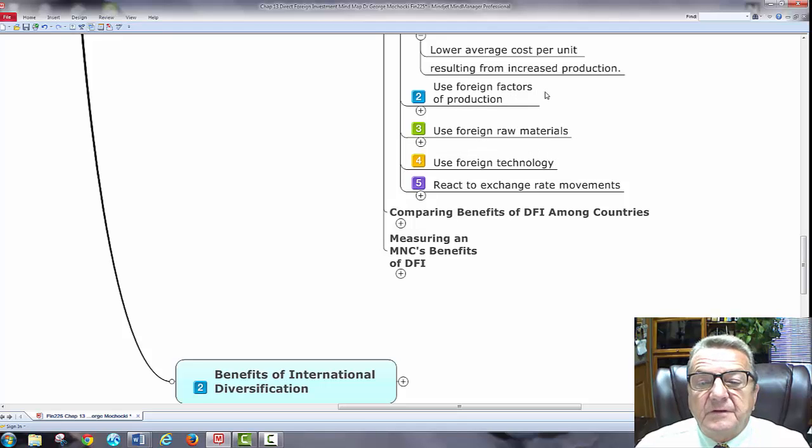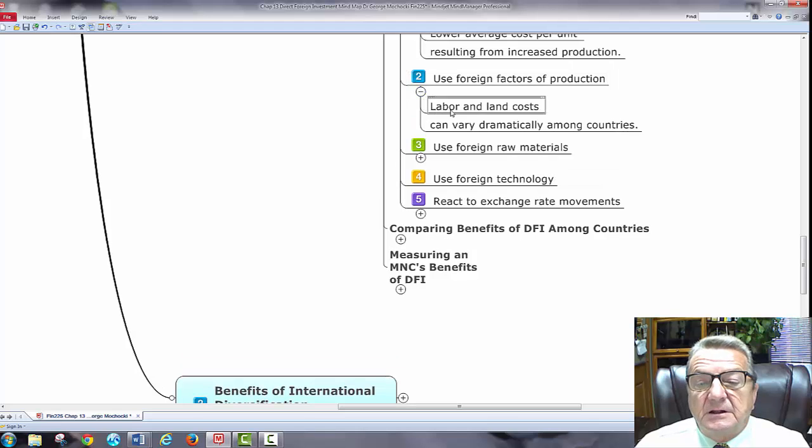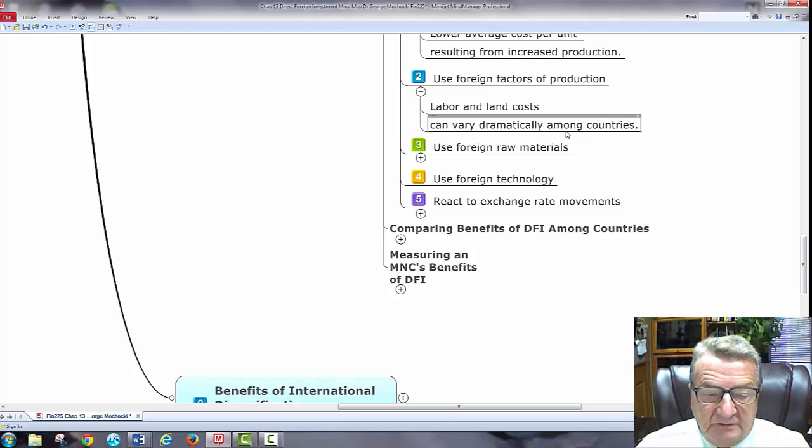Use of foreign factors of production. Remember, when you look at the economics, of foreign factors of production, labor and land are the two biggest ones. Technology and everything else I can bring in my own because it's a smaller percentage. Can vary dramatically among countries. Okay, and Africa's going to Africa. I've got a lot of individuals, a lot of people, a lot of land, but they don't have the infrastructure.